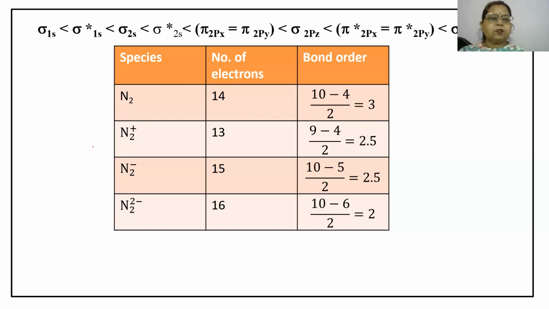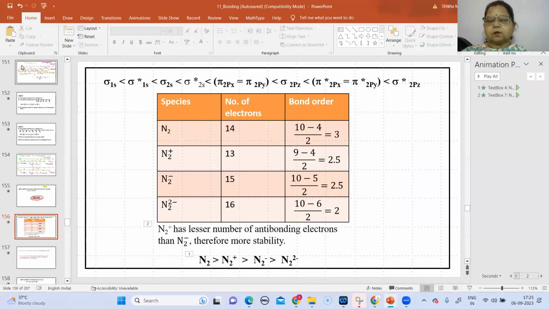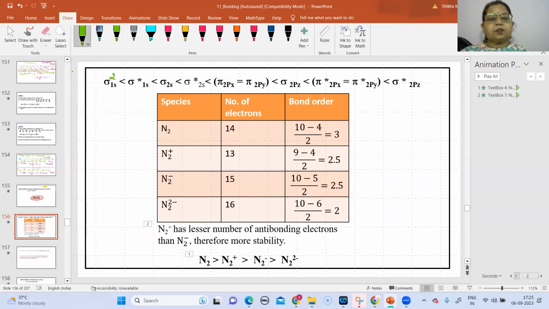So we say sigma 1s2, sigma 2s2, and we will keep writing till 14: 2, 4, 6, 8, 10, 12, and 14, right?